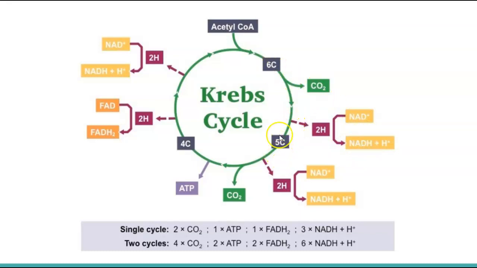So now we're down to a 5C molecule because we lost one carbon as carbon dioxide. In our next step, the taxi's picking up another passenger and we lose another carbon to CO2. Now we are a 4C molecule. We also got a little ATP, a tiny, tiny bit. 1 ATP, to be specific.